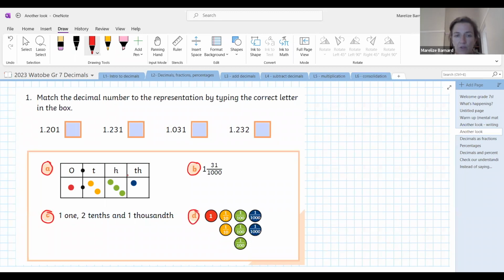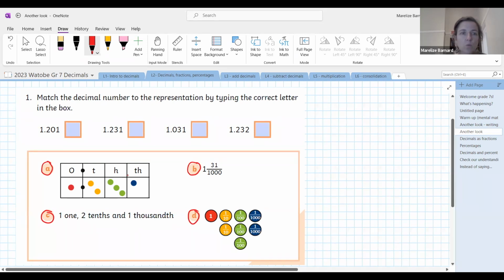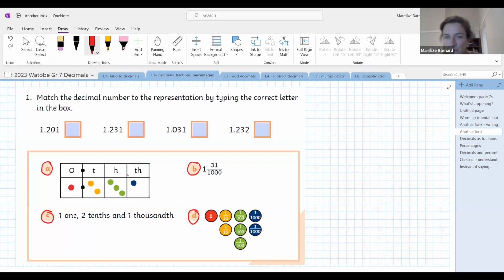And then here we've got a 1, 2/10, 300, and 2,000. Okay, so we're going to match our number. So all of these, which number will it match of the ones that are shown? Yes, Dora Jane, we're going to get to the table now.